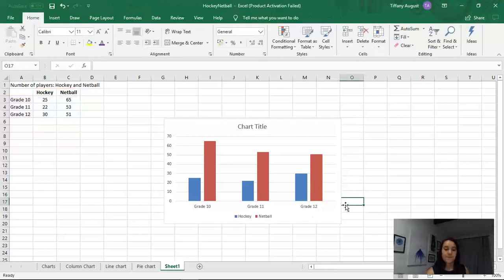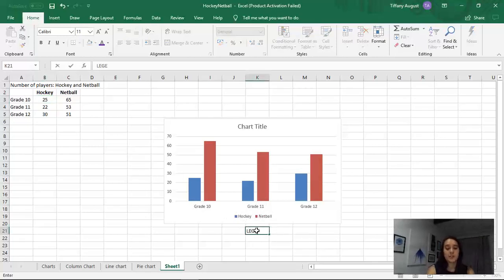Right? So our chart shows us grade 10 hockey players are 25. So in grade 10, the blue is hockey, your red is netball, and this is what we call a legend. There's our first term we're going to look at.